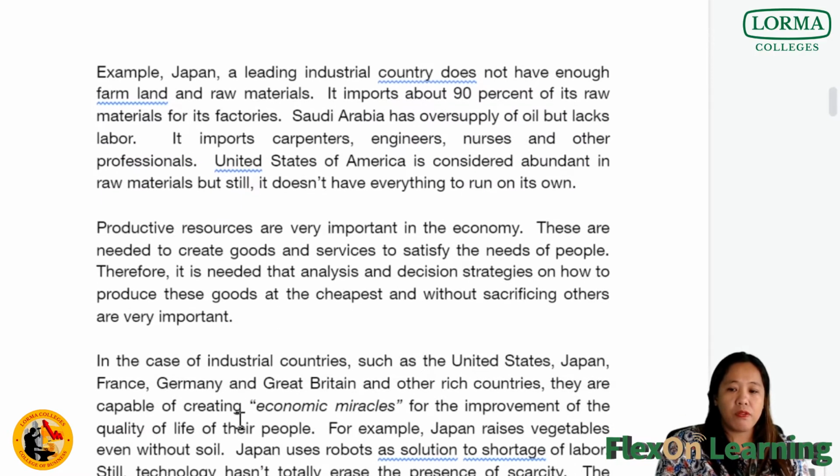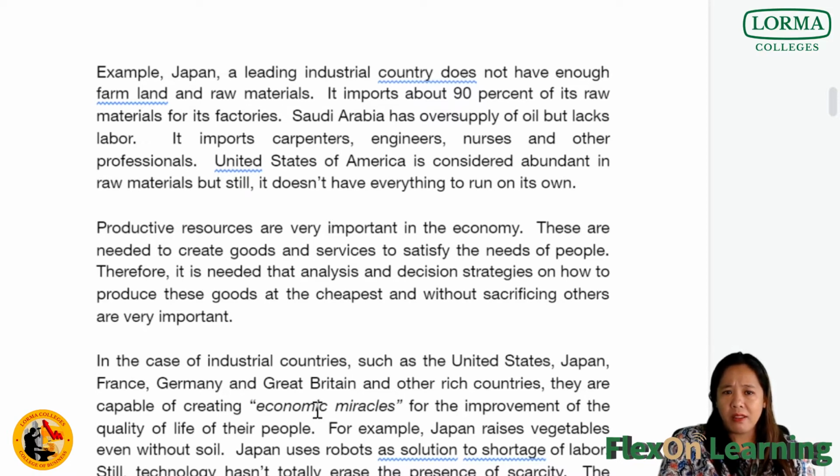In the case of industrial countries such as United States, Japan, France, Germany, and Great Britain and other rich countries, they are capable of creating what we call economic miracles. So like they create food out of very small sizes of areas, things like that.